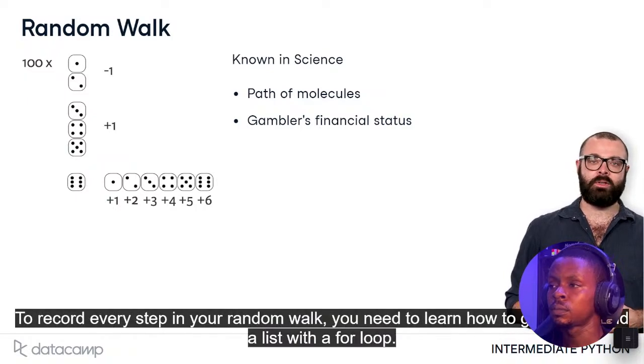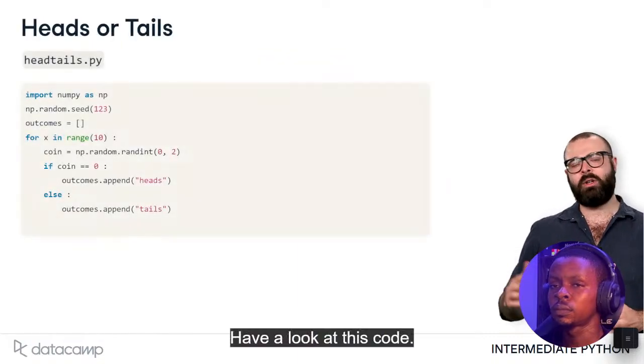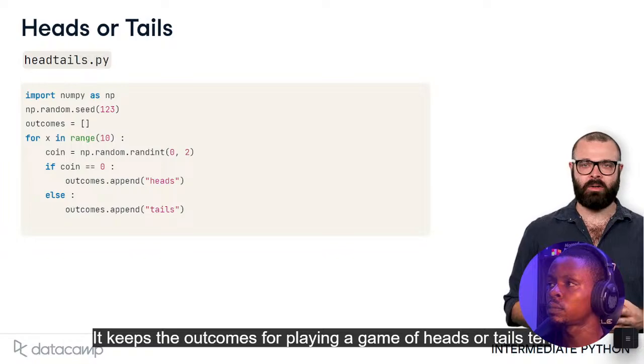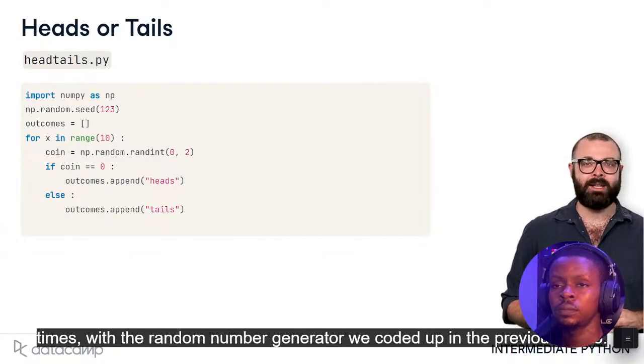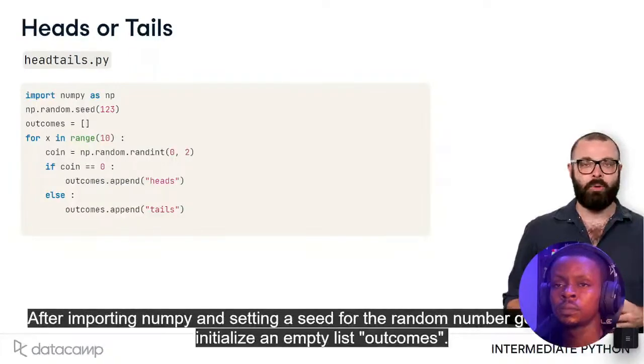To record every step in your random walk, you need to learn how to gradually build a list with a for loop. Have a look at this code. It keeps the outcomes for playing a game of heads or tails 10 times with the random number generator we coded up in the previous video. After importing NumPy and setting a seed for the random number generator, we initialize an empty list, outcomes.